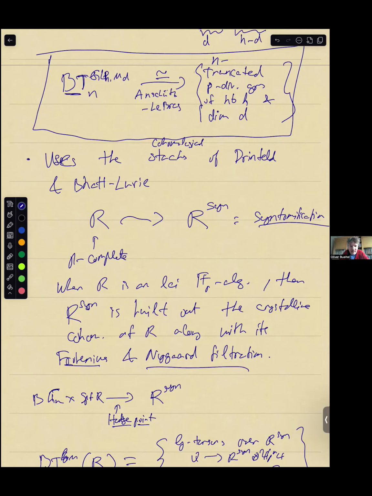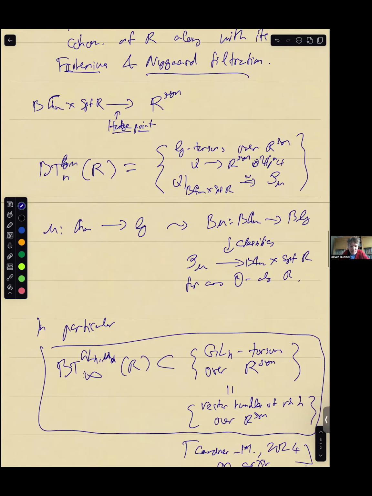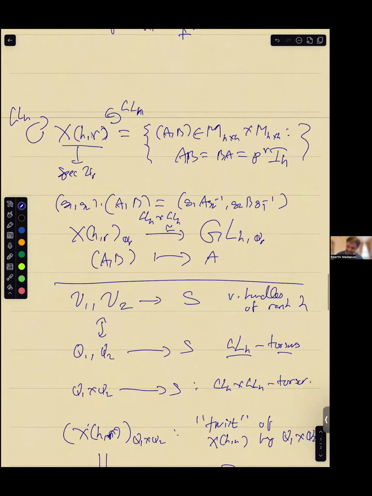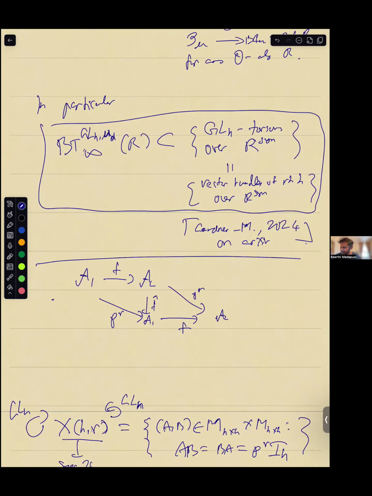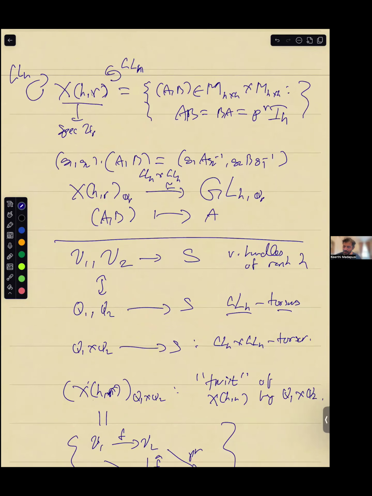So I know one thing: the title of the talk was Rapoport-Zink spaces, and I never talked about Rapoport-Zink spaces. But once you have this notion of isogeny, you can define spaces of quasi-isogenies. And so you can get a pretty canonical model over F_p for the affine Deligne-Lusztig variety.